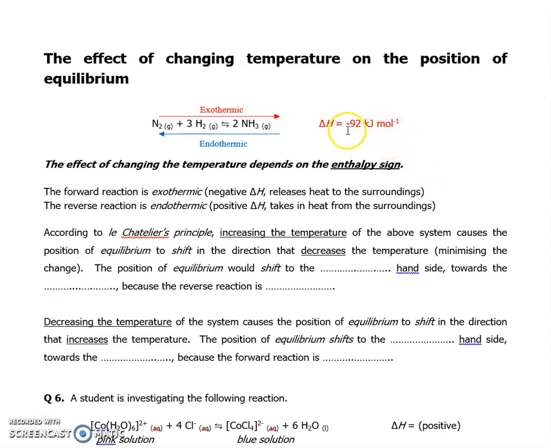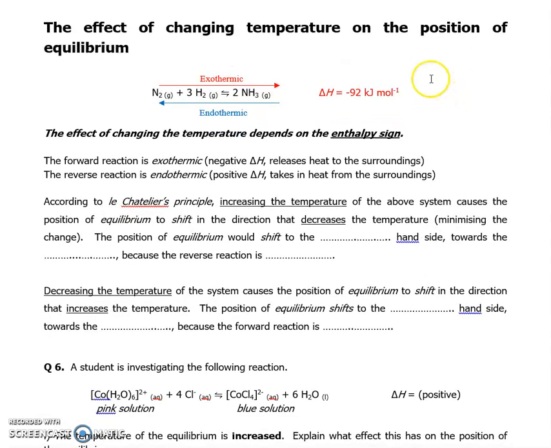A negative enthalpy sign means it's exothermic in the forward direction, going from left to right. If it's got a positive value, it means it's an endothermic reaction, and that's again going from left to right. Once you have identified which of the forward or reverse reactions is exothermic, then it becomes more straightforward.